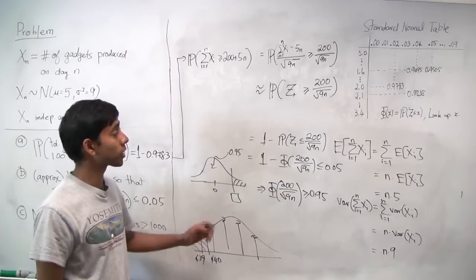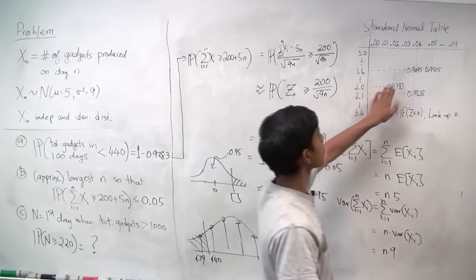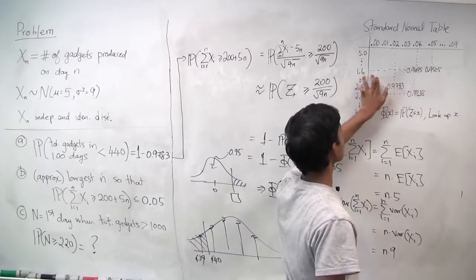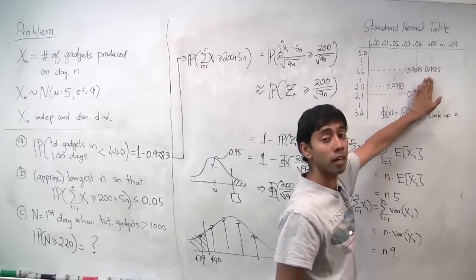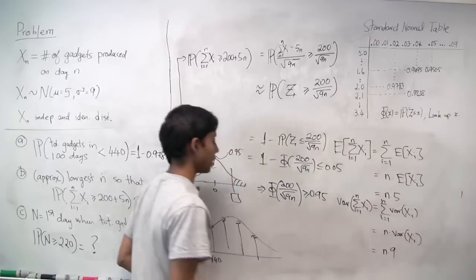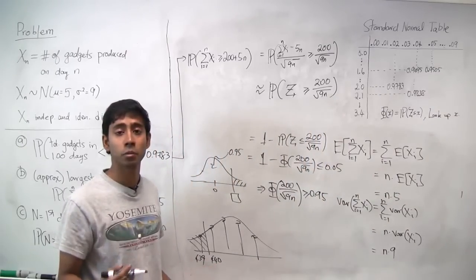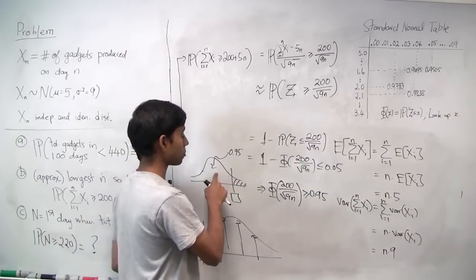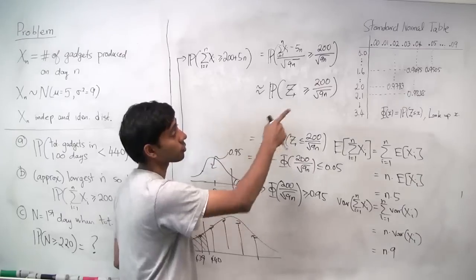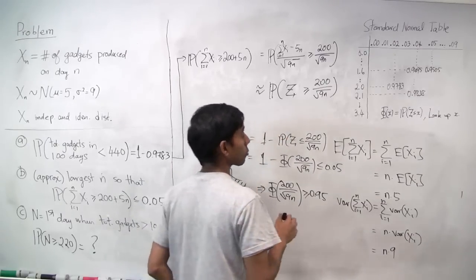So if you look at the table, 0.95 lies somewhere in between 1.64 and 1.65. And I'm going to use 1.65 to be conservative because we want this region to be at least 0.95. So 1.65 works better here.